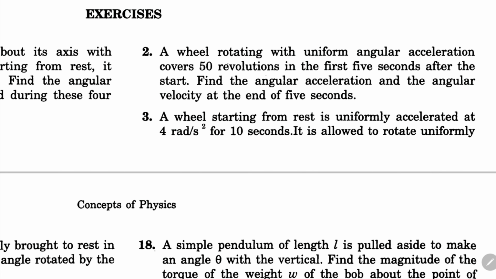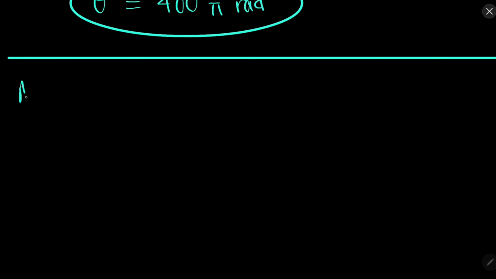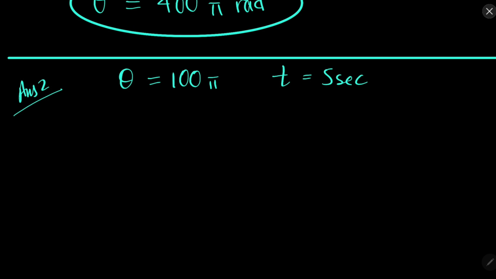In the second question, we have a wheel rotating with uniform angular acceleration and it covers 50 revolutions in the first 5 seconds. So we need to find the angular acceleration and angular velocity at the end of 5 seconds. Second one, so angular displacement 100 pi, time 5 seconds, this is given to us.